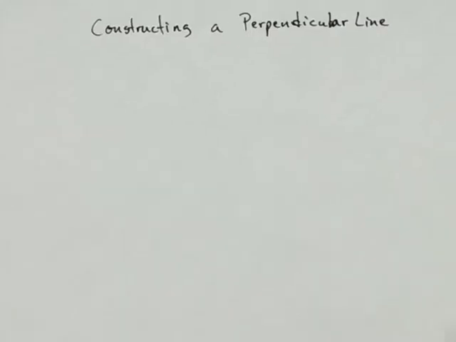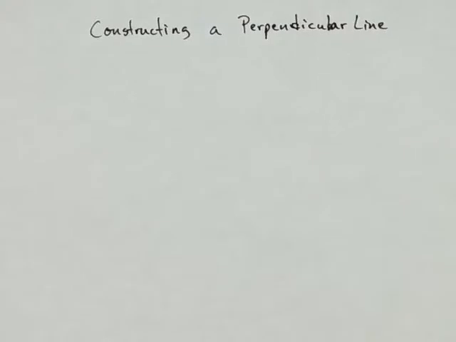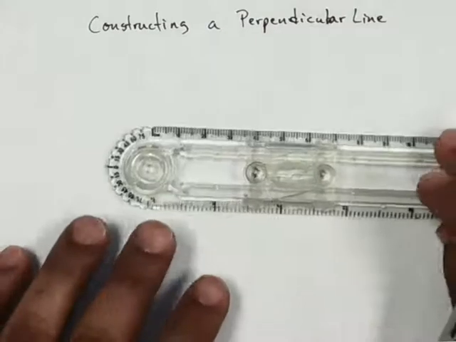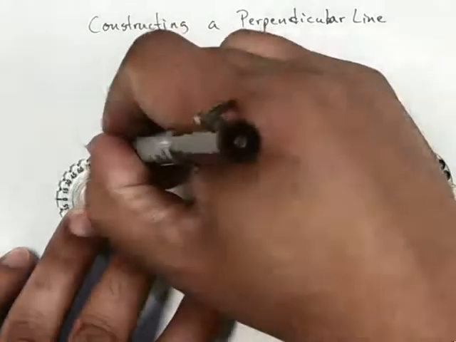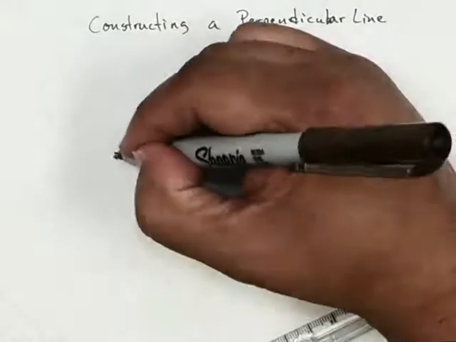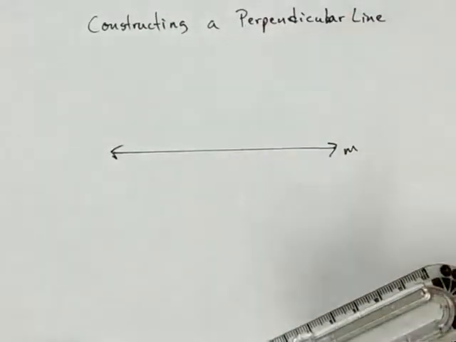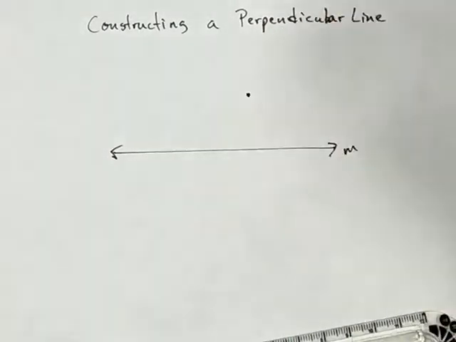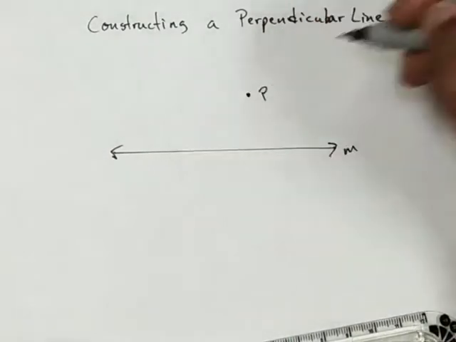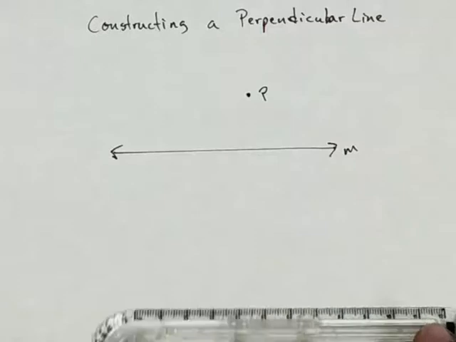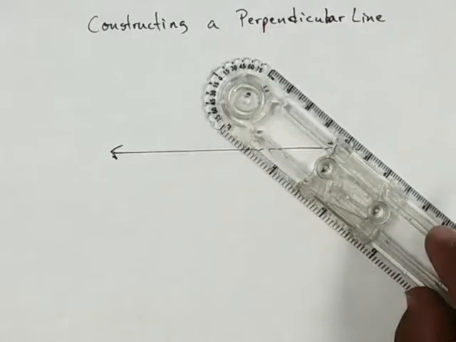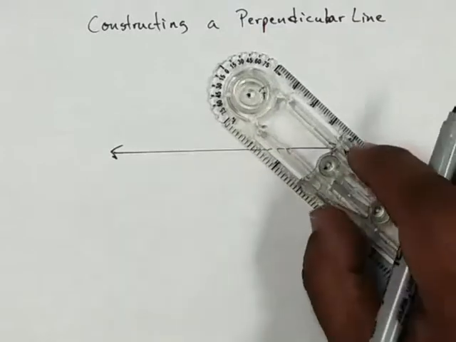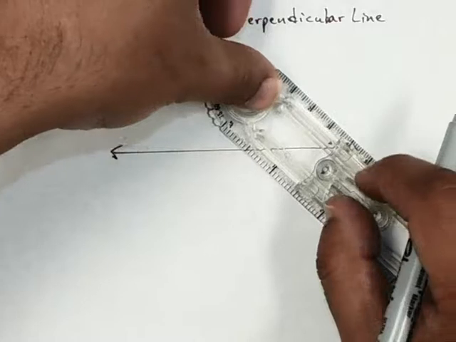All right, now we're looking at constructing a perpendicular line. So we've got to start by drawing our line, and we're going to call this line M. And then I'm going to pick a point somewhere that's not actually on the line, and I'm going to call this point P. All right, and then what I want to do is line up my compass.